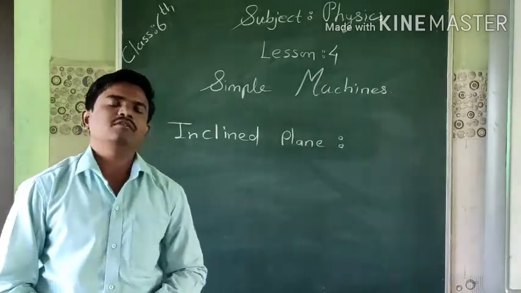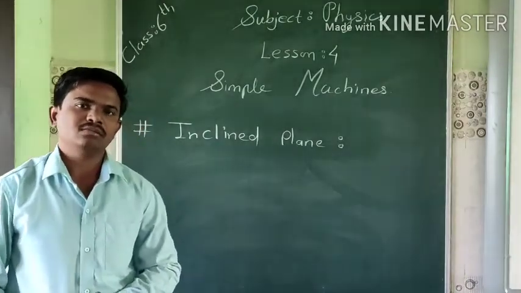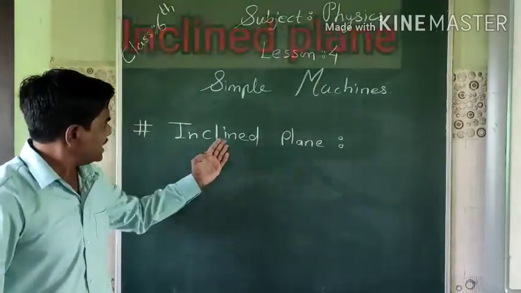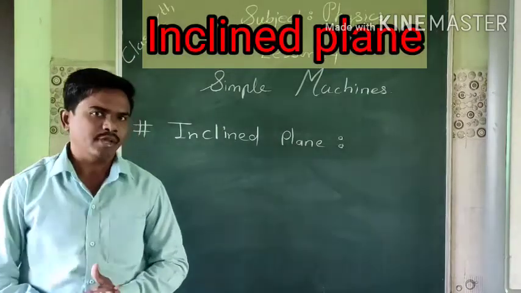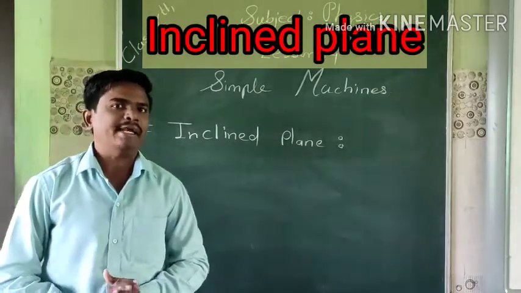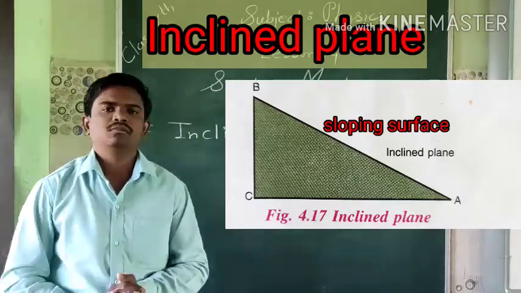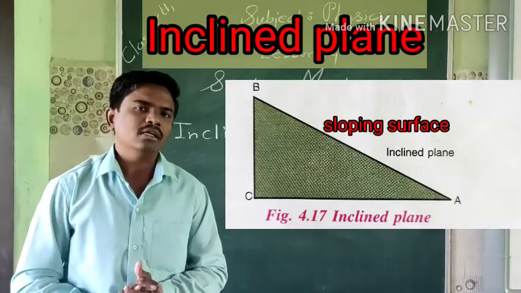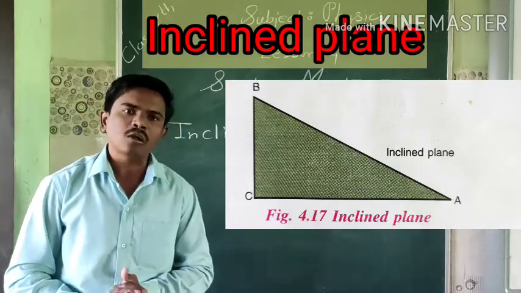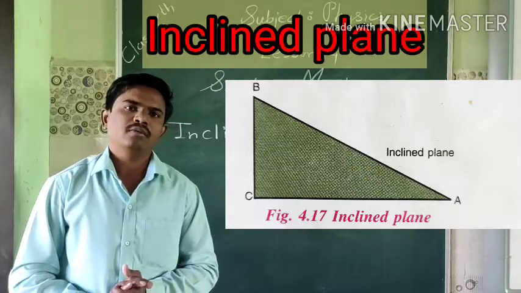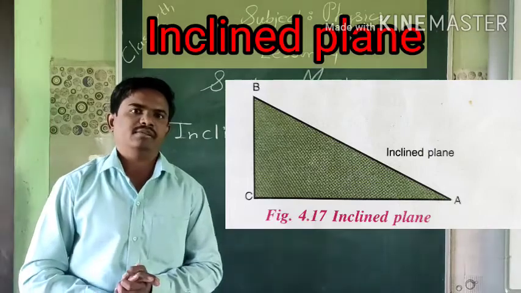Now students, we will talk about another simple machine, that is the inclined plane. So we can say that an inclined plane is a sloping surface. It is a simple machine which is used to move a load up by applying less effort.